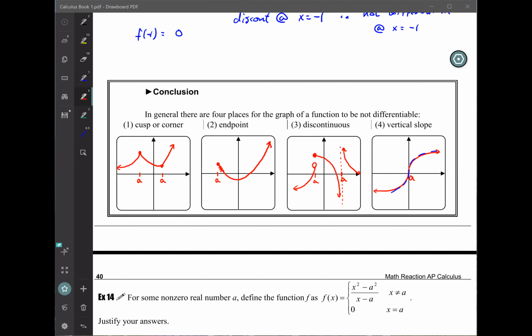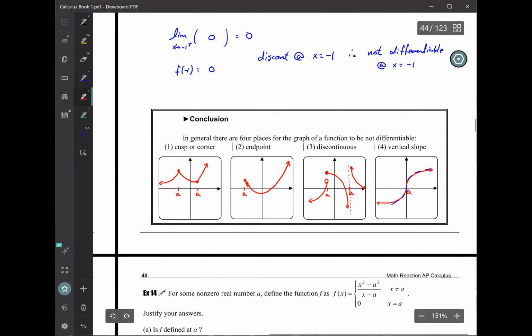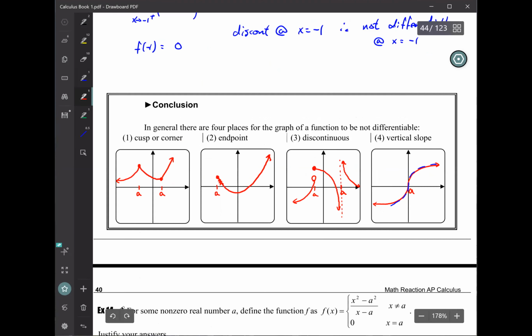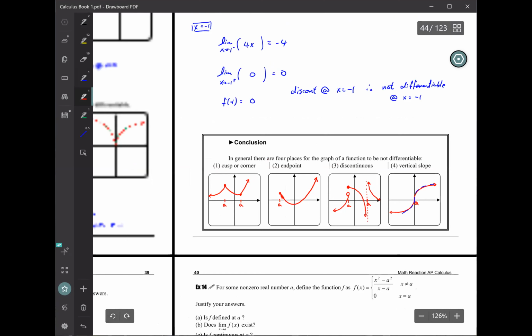Discontinuous. Vertical. Okay, one more time. Cusp or corner. Endpoint. Very good. Discontinuous. Vertical slope. Vertical what? A slope, my bad. Vertical slope. Sorry, I went blind for a second.